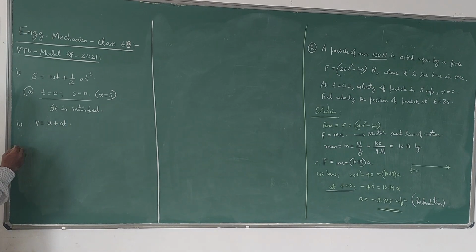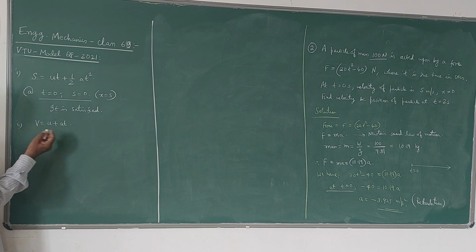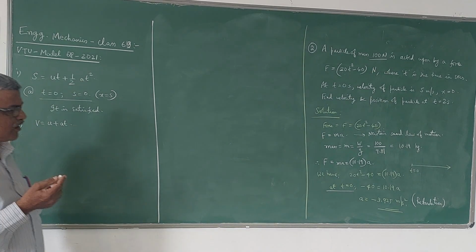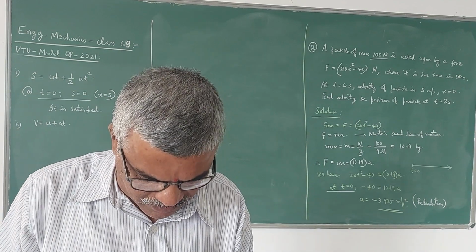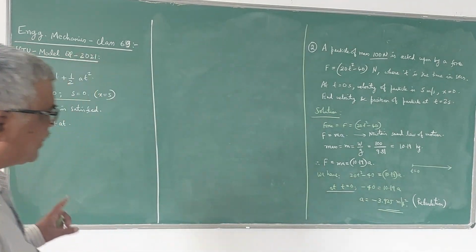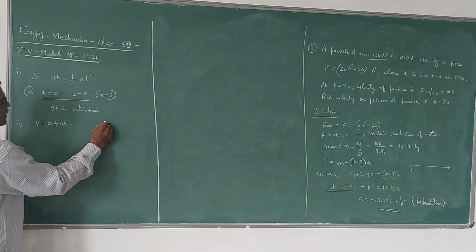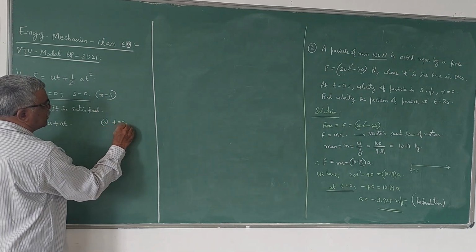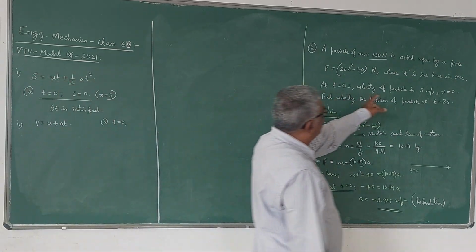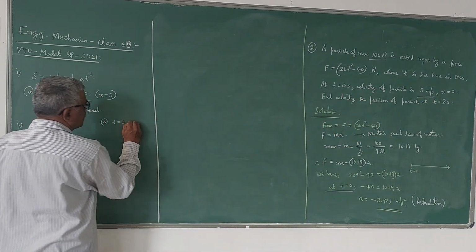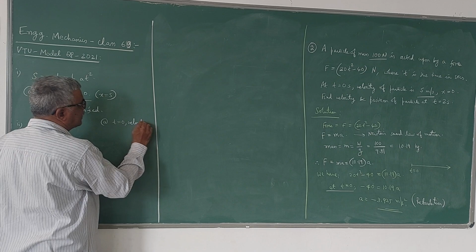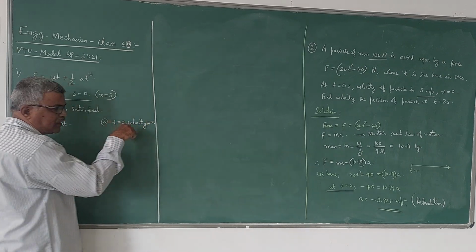Now if you use this equation, you can find out the value of v by knowing the value of u. Since he has given at t is equal to 0, velocity is 5 meter per second, we take that velocity as u because it is the initial velocity.